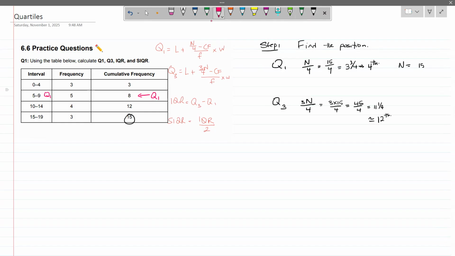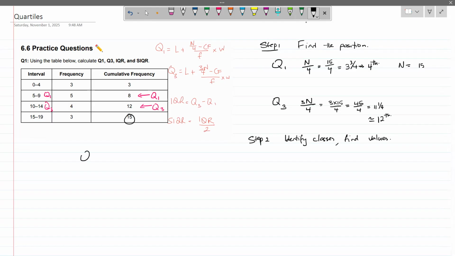So that means my Q3 position will lie in this class, right? So we have identified our classes, and we're going to find the values now.